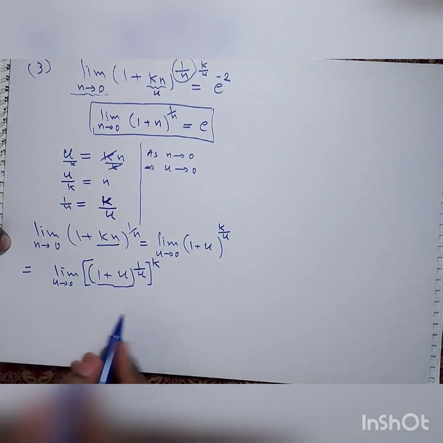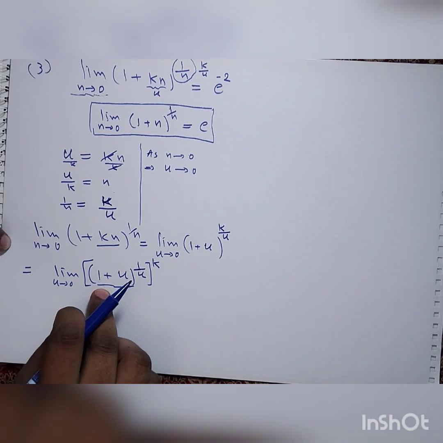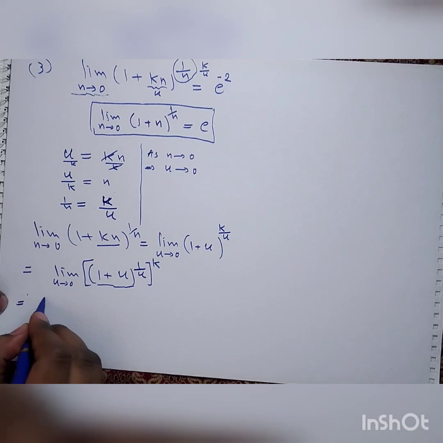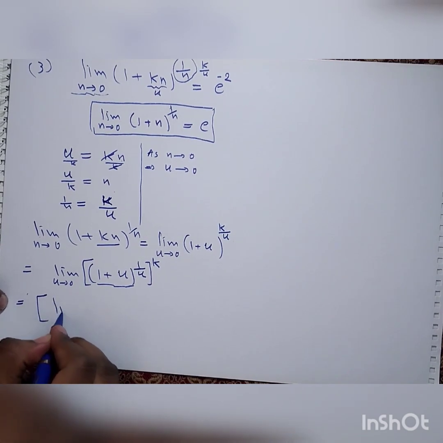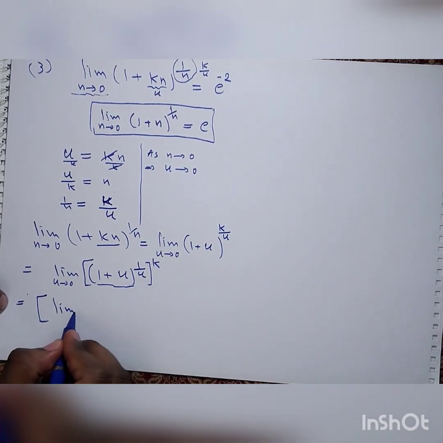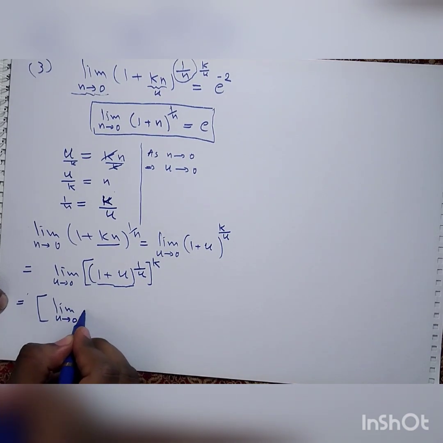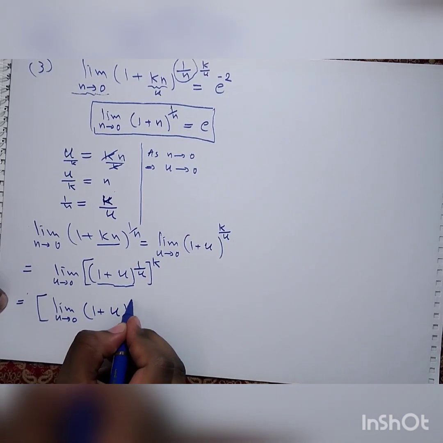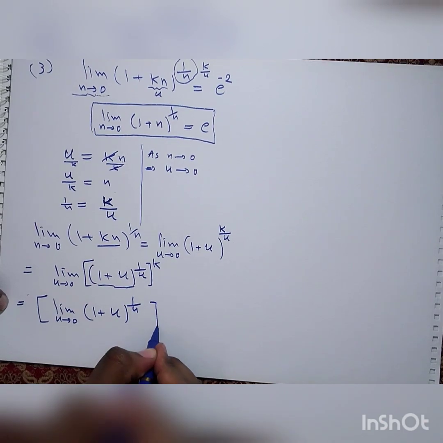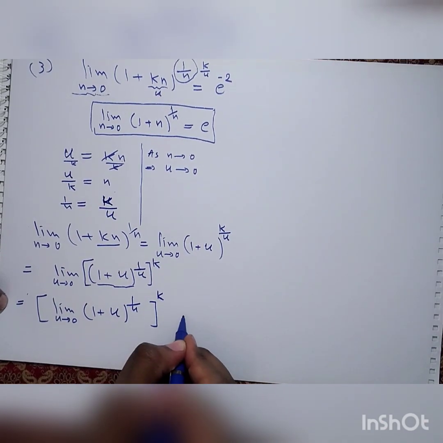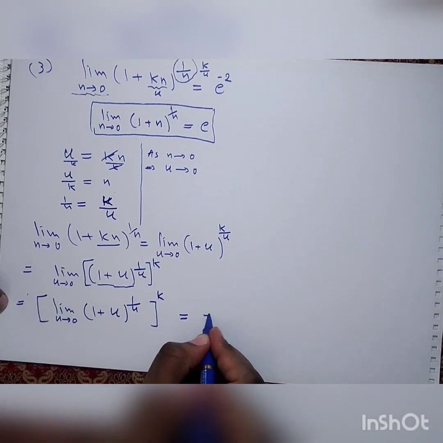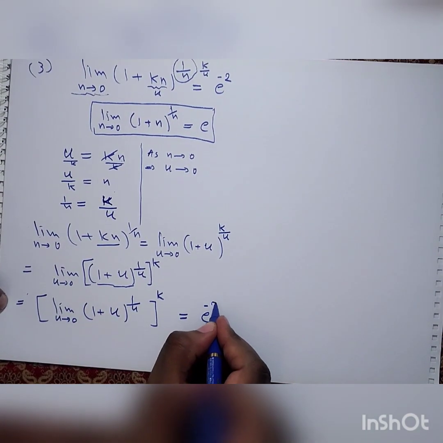Since k is constant, the limit does not depend on k. So as u approaches 0, this is (1 + u) to the power 1 divided by u, with everything to the power k, and that is already given here as e to the power -2.